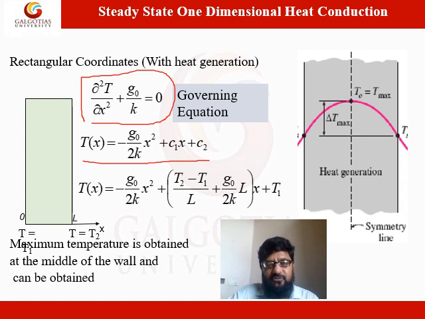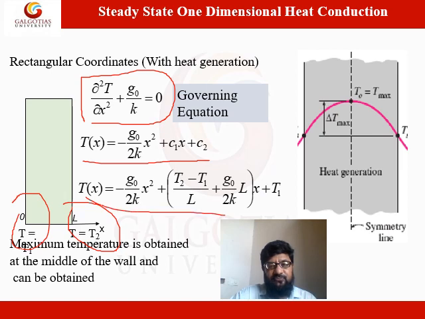There will be two constants of integration, which will be obtained by applying the boundary conditions at x equal to 0 and at x equal to L. So we can get the temperature variation with respect to x, and we can plot this. Because the heat generation is uniform, we get symmetry, and at the symmetry line we will get the maximum temperature.